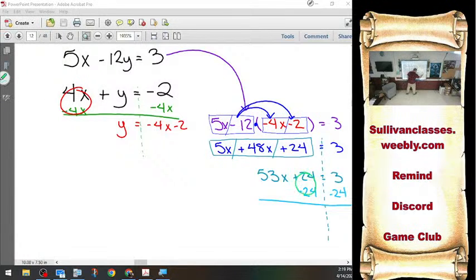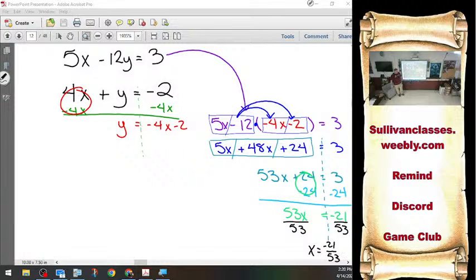So I zero this out. I got 53x's left. 3 minus 24 is a negative 21. Negative 21 divided by 53 stays but ugly. X is negative 21 over 53, which I think is what Grace had.